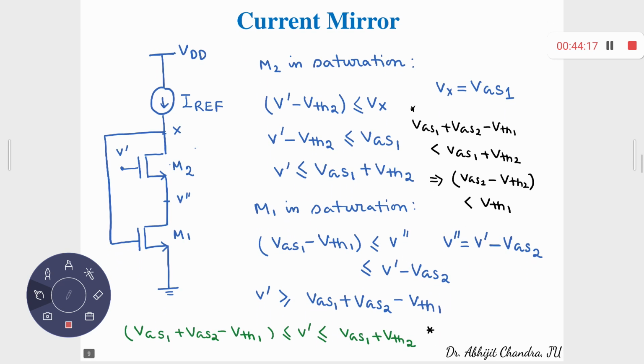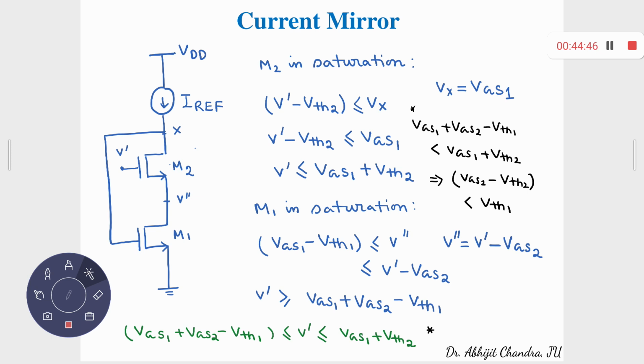Let's consider a part of the circuit, not the entire circuit. What you have done? There is a feedback from the output to the input. We need to ensure that M2 remains in saturation.